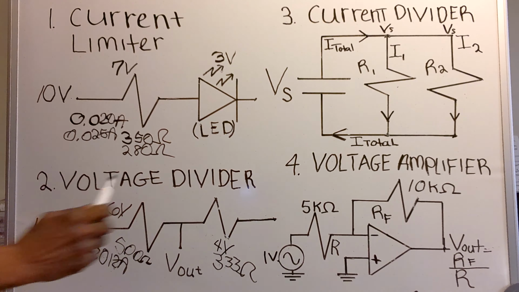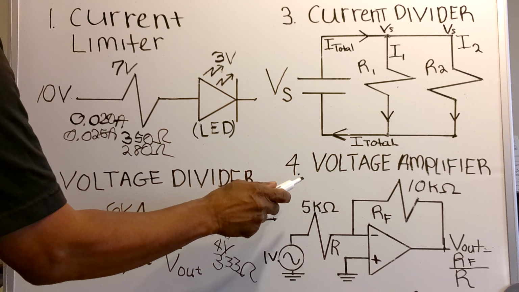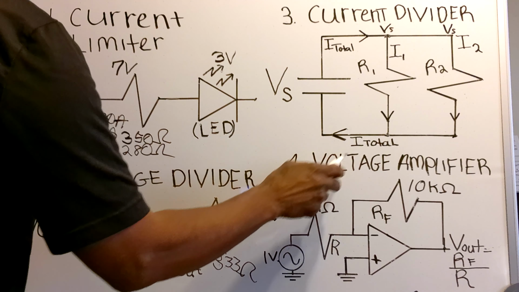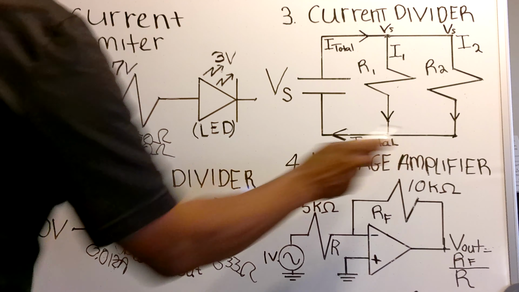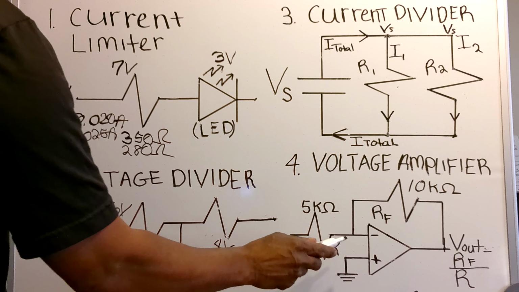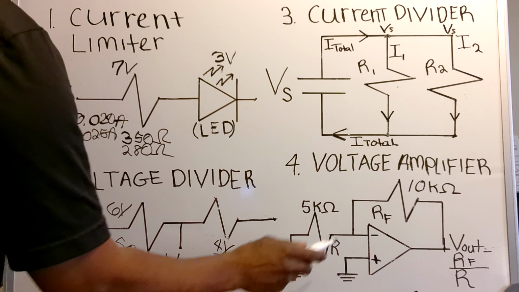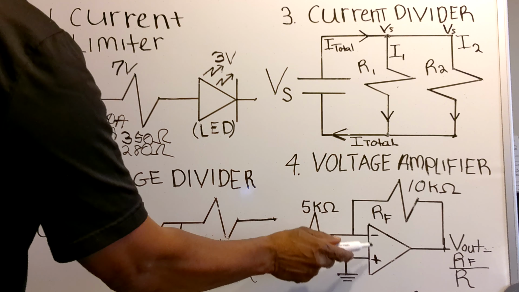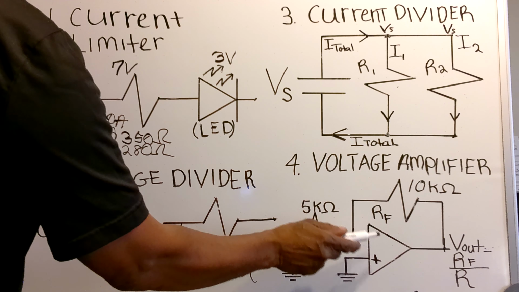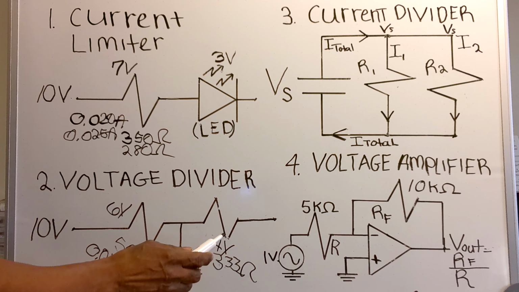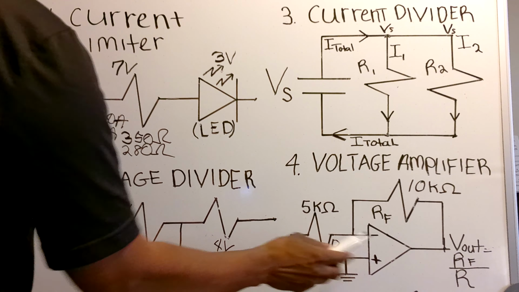Number 4, resistors can also be used in voltage amplification. Now, this device right here is called an operational amplifier or op-amp. These signs right here, minus and a plus, it's not really talking about positive and negative. It's talking about the input.